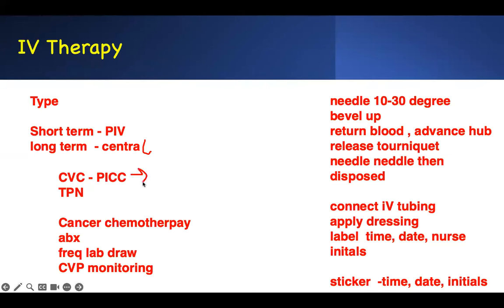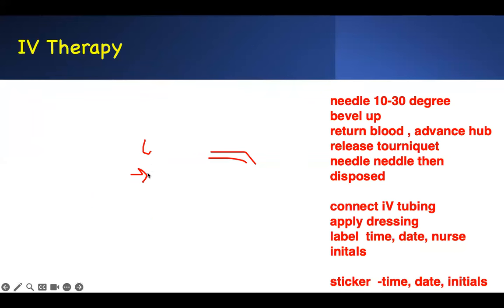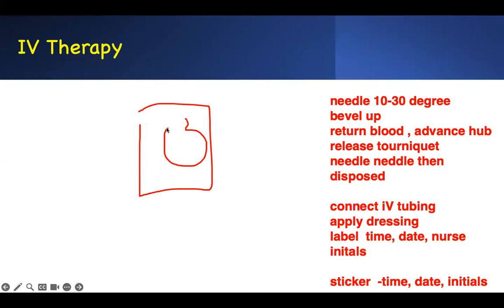It's a peripherally inserted central catheter. Basically, it's the same. Let me clean it so I can draw it better. If this is the individual's chest, the chest is here and the heart is here.